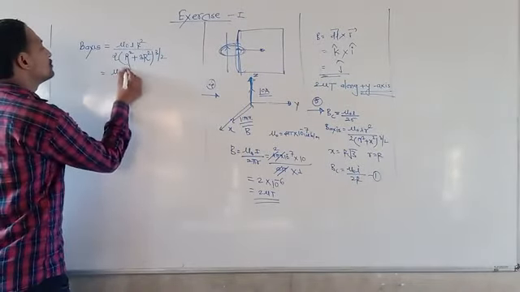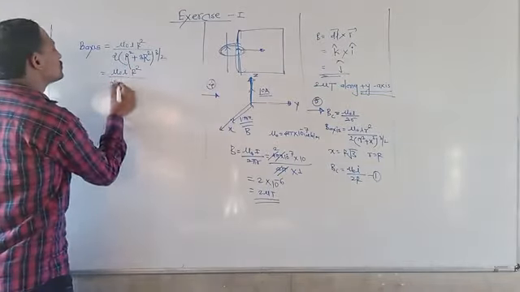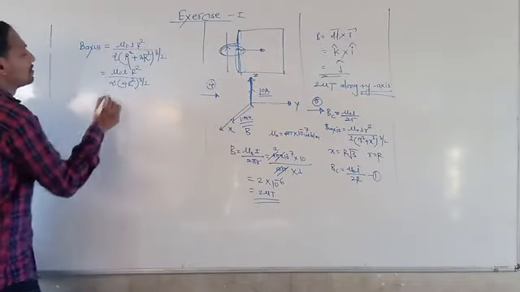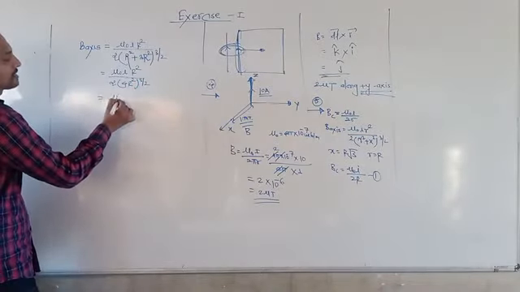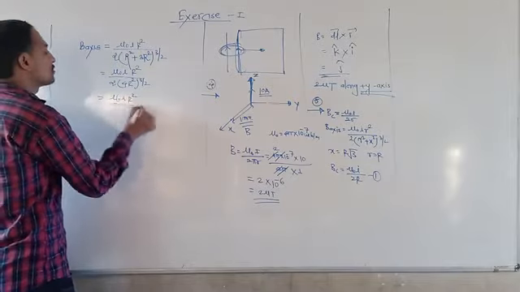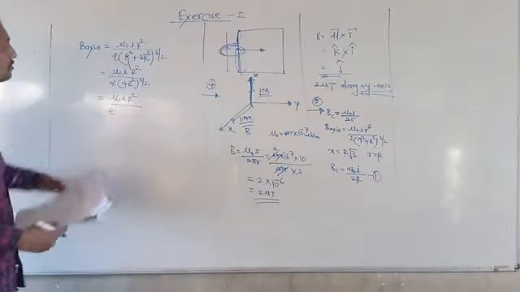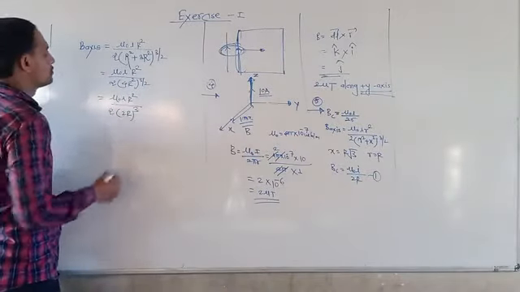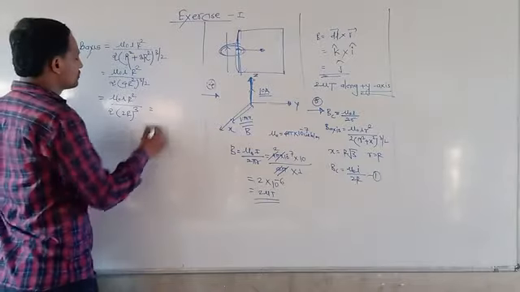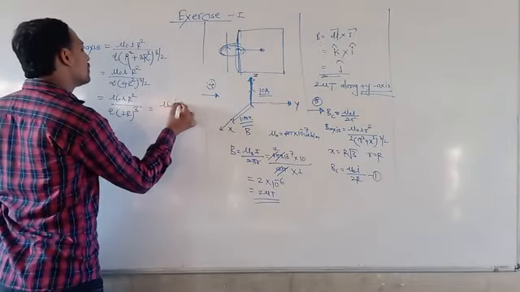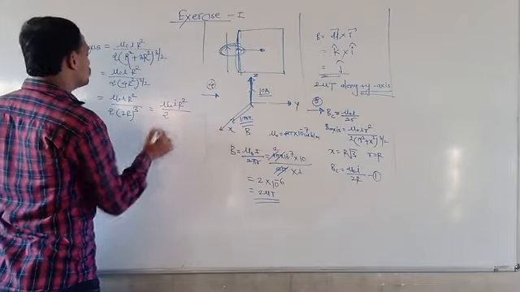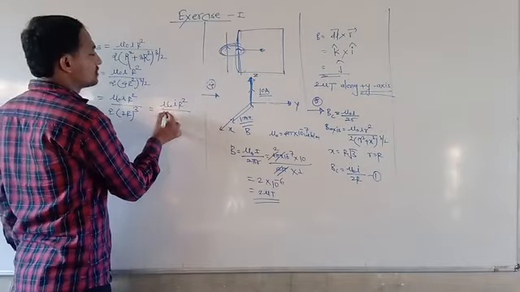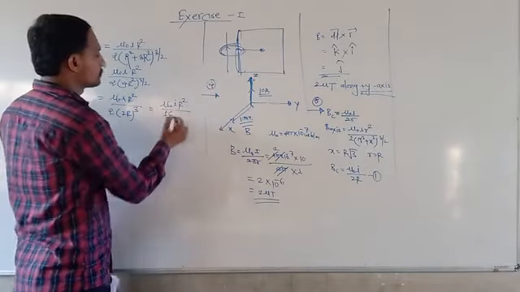Mu 0 I r square upon 2 into (4r square) raised to 3 by 2. First we take the square root, which makes it simple. The square root of 4r square is 2r, so cubed it is 2r cube, and the cube of 2 is 8. So we get mu 0 I r square upon 2 into 8 r cube, which is 16 r cube.